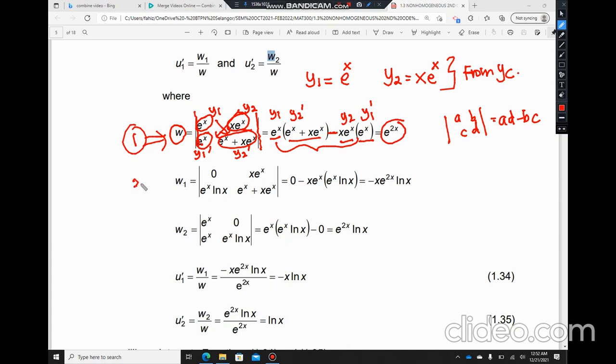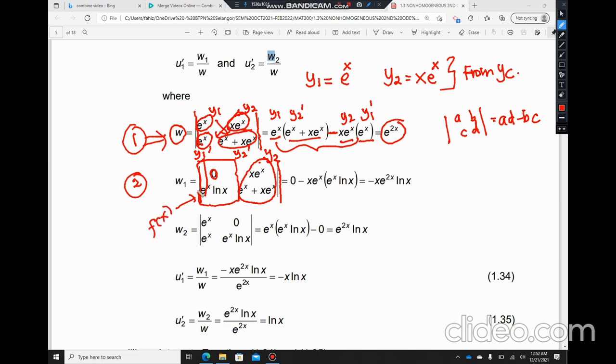Okay, next is W1. W1 pun kita letak dalam bentuk determinant. Cuma yang bezakan, second column kita kekalkan sama macam W, xe^x, kita gunakan Y2. Untuk Y1 kita bezakan. First row kita letak 0, and then second row awak letak function f(x).